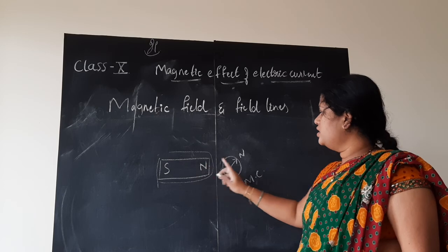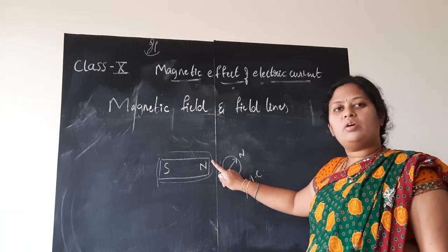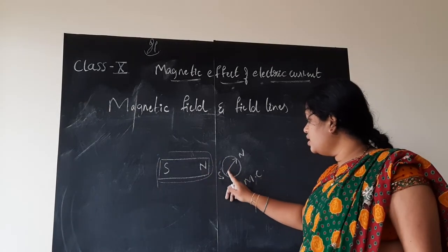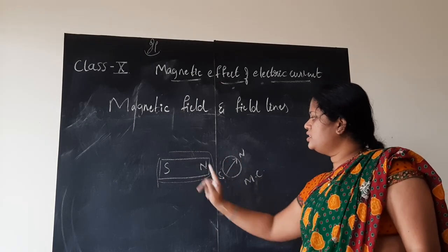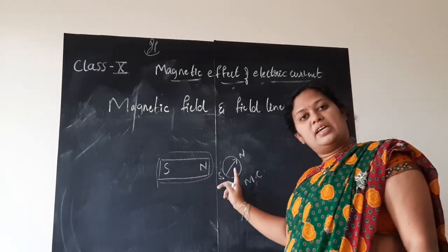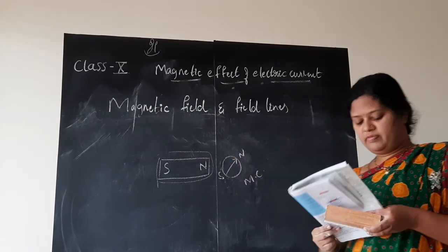If it was the south pole, the deflection would be towards the bar magnet, because north and south, unlike poles, attract. But I am bringing the north pole towards the north of the magnetic compass, so it is moving away. The south pole of the compass needle is now facing the north pole of the magnet, and the north pole is away.